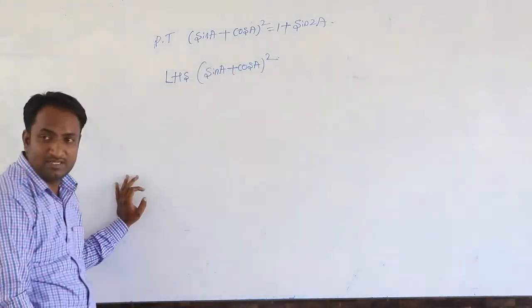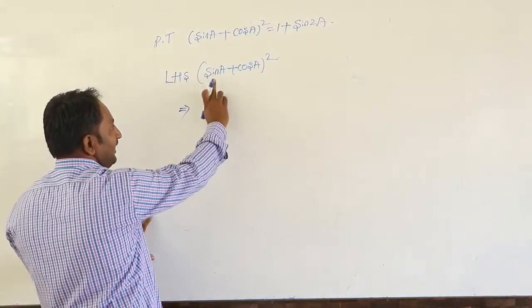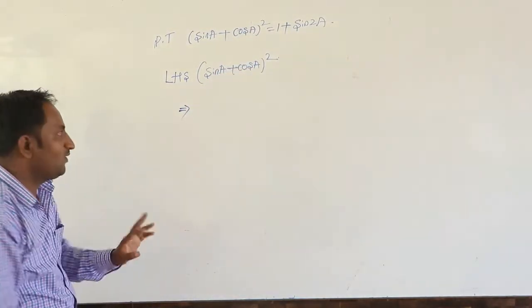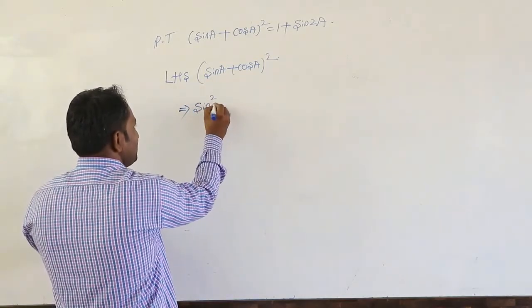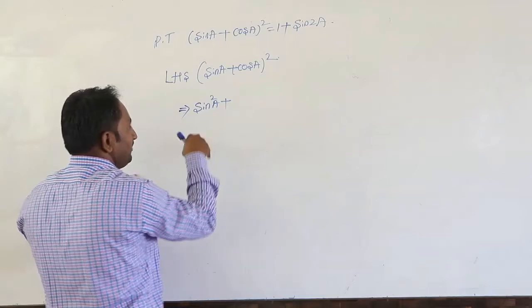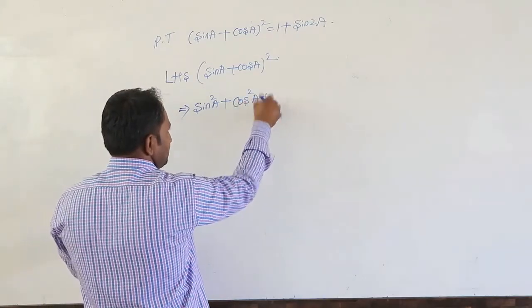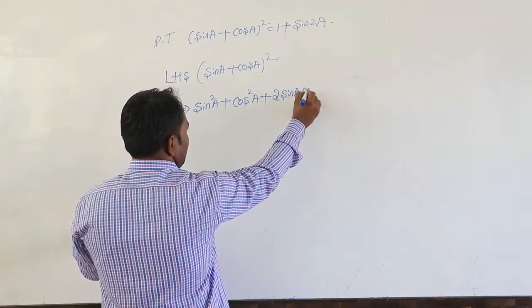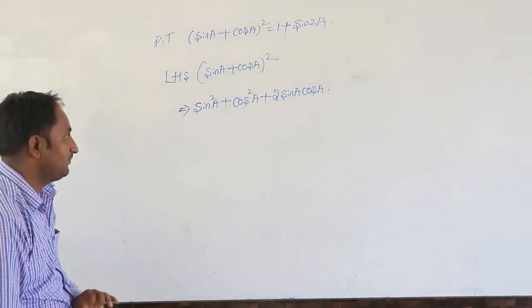We know that the formula a plus b square form is a square. Here a square means sin square a plus b square value is cos square a plus 2 sin a cos a.